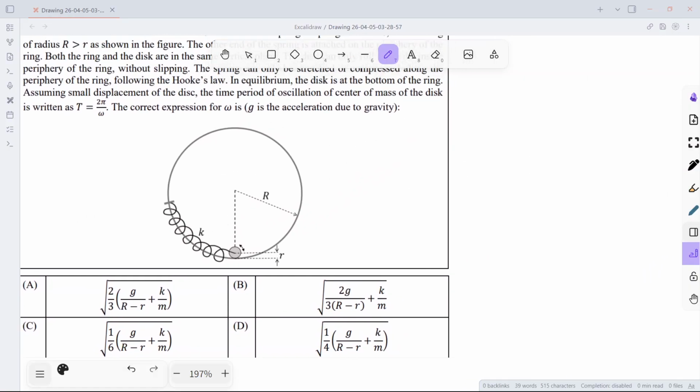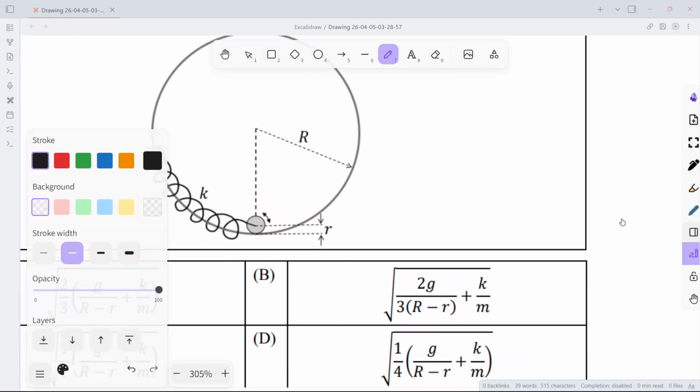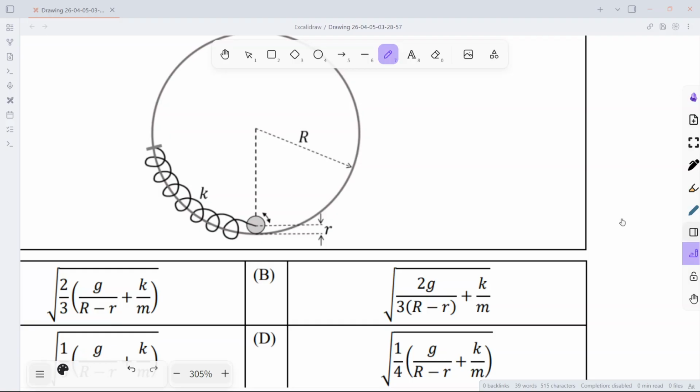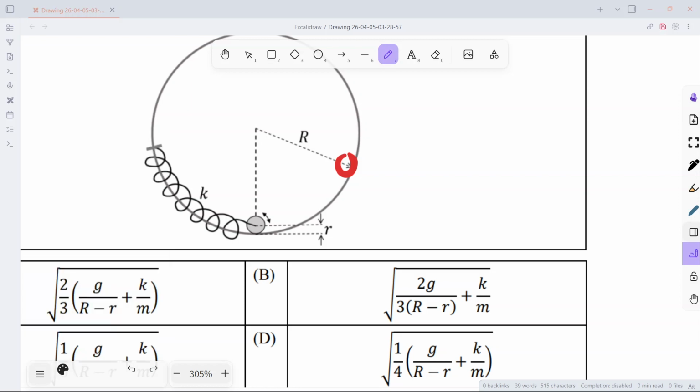Okay, first things first. Let's imagine that the ball rolls and comes, let's just say here. In that case, it's going to gain this height h at some angle theta.